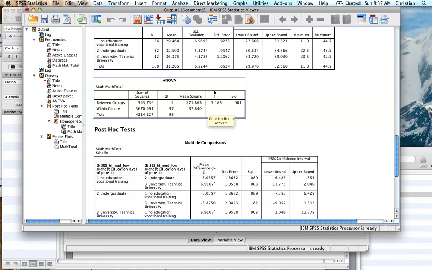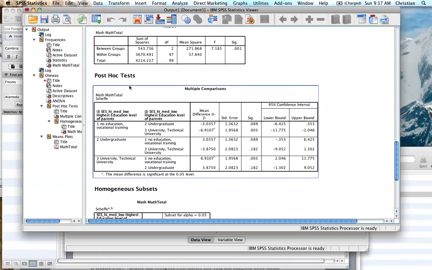And when we test the probability of this happening although in reality the null hypothesis is true, we see that it's highly unlikely that we get this result of a difference and there's actually no difference in the population. So we would say we need to do post-hoc comparisons. We need to test the means of each group against each other to see where those differences are coming from. So this is what the next table is all about.